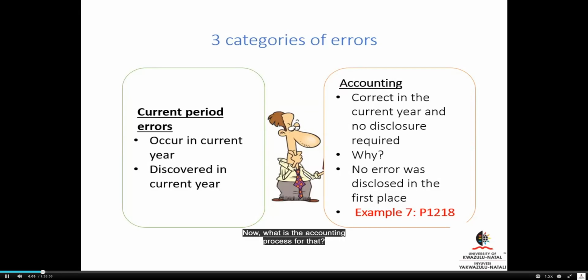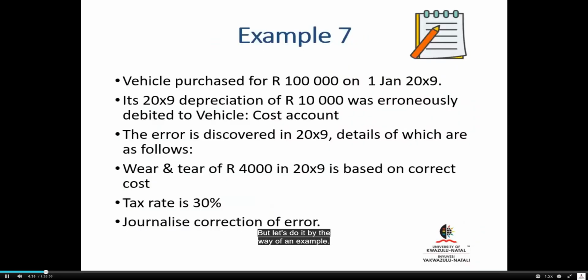Now, what is the accounting process for that? You correct the error, obviously, in the current year. And there's no need for disclosure. Why is there no need for disclosure? We'll show that in the form of an example, because we found this error in the current year and we've now made an adjustment in the current year. So there's no need for disclosure, but let's do it by way of an example.